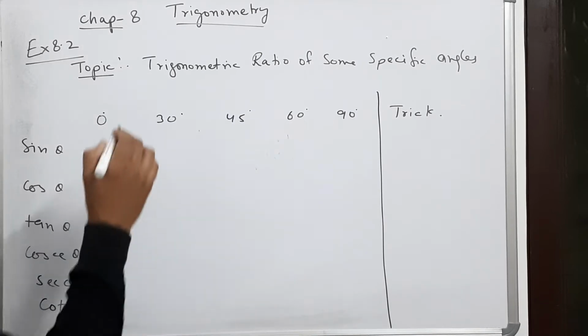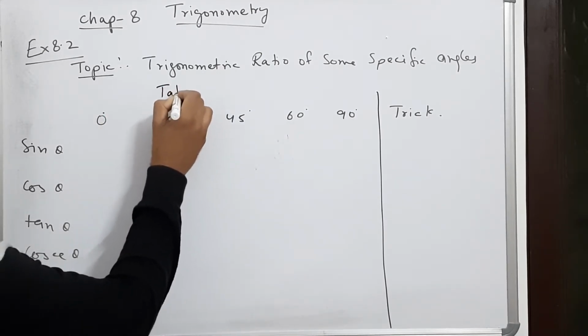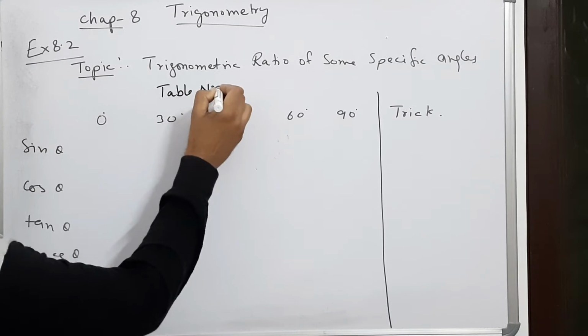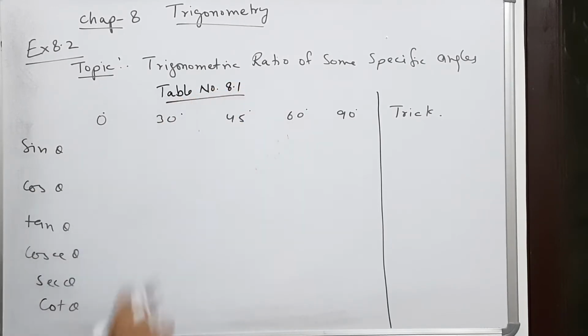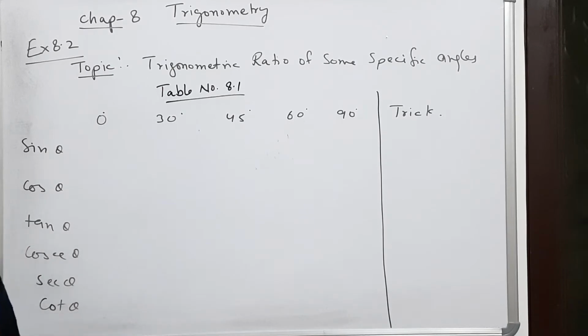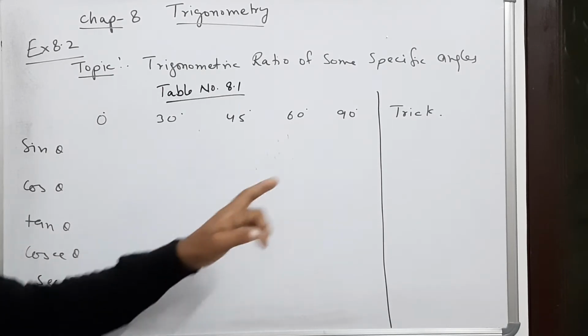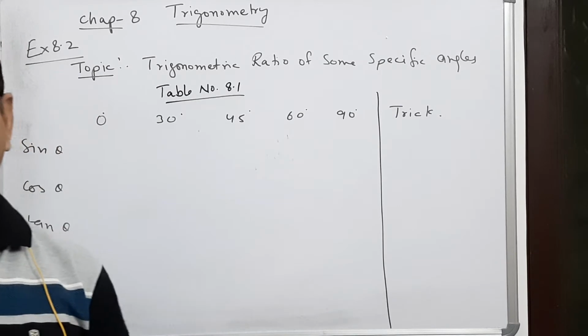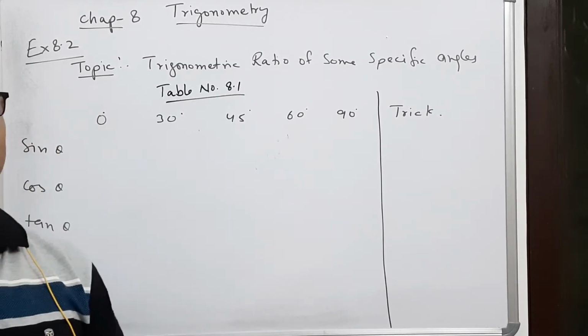One method is, there is a table in the book, table number 8.1. So one method is that you learn table number 8.1, but it is a very difficult task. Today I am explaining to you a very important trick by which you can make this table.